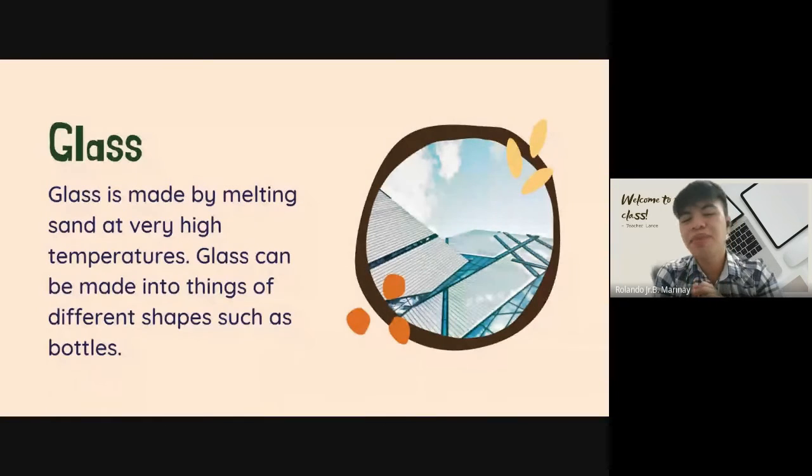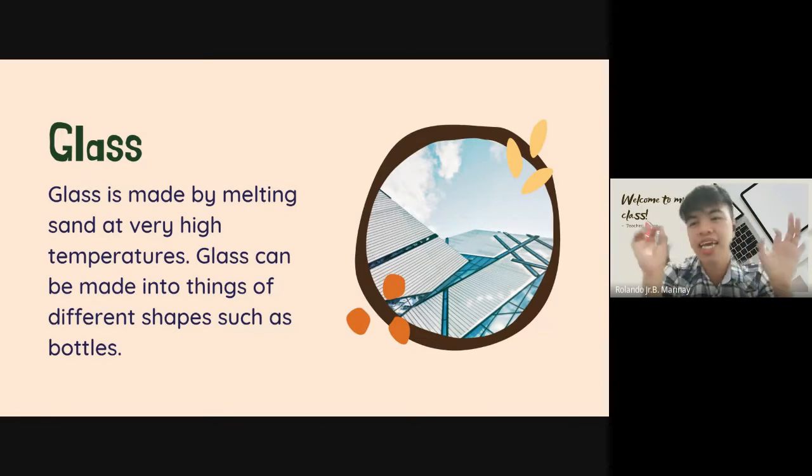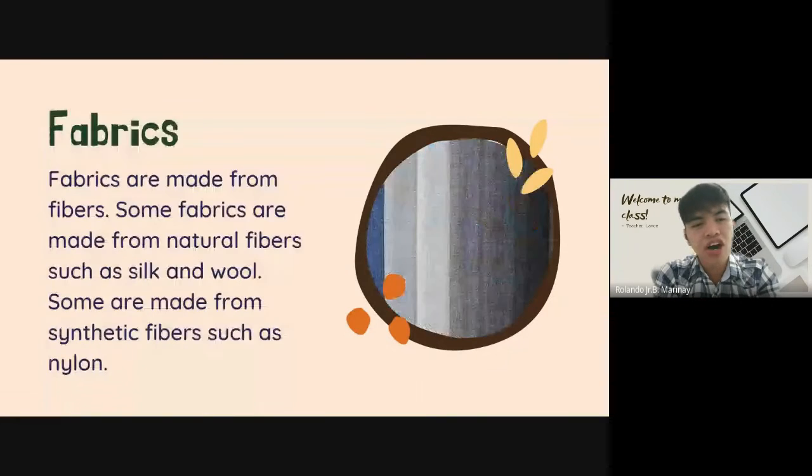Glass can be made into things of different shapes, such as bottles and eyeglasses. Dollar is wearing glasses, right? Like this. Those are made of glass.